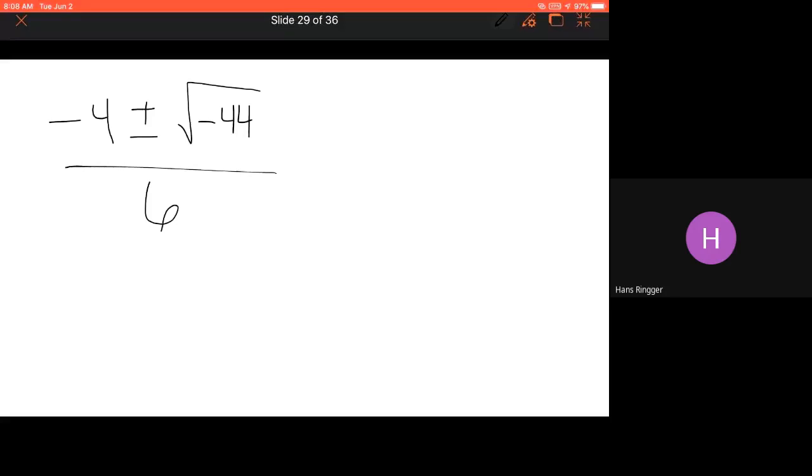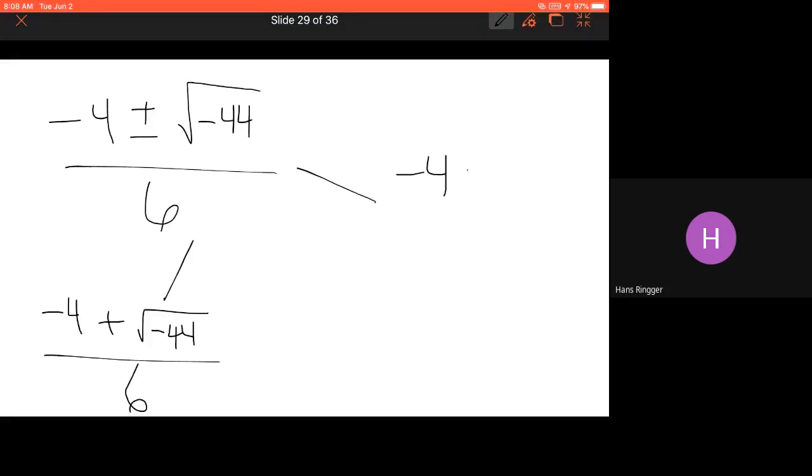We have the first option, which is negative 4 plus the square root of negative 44 divided by 6. And we have a second option that is negative 4 minus the square root of negative 44 divided by 6.